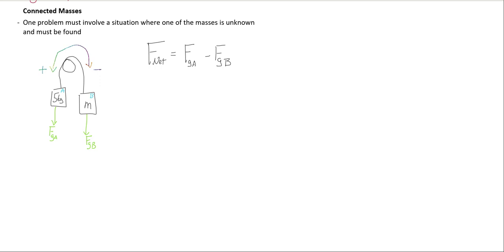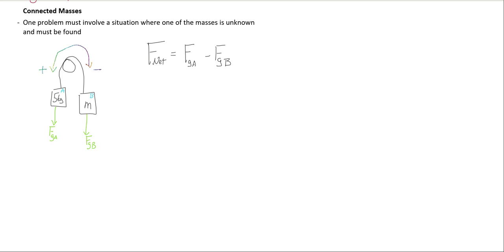Now this is all well and good, but normally I don't give you gravity forces in a word problem just as the gravity force. You're going to have to give me a way to solve for it. So that means we need to break down these pieces into what we've got.